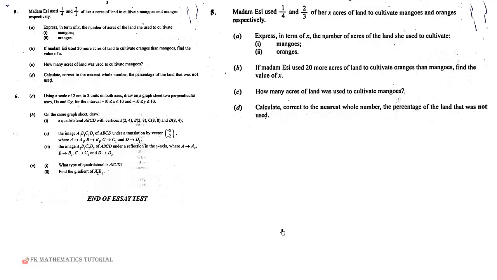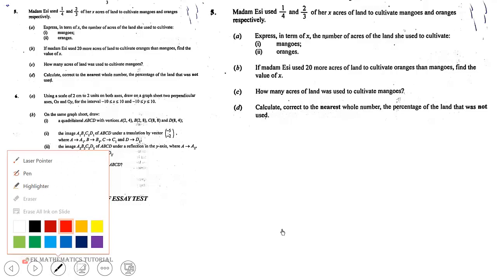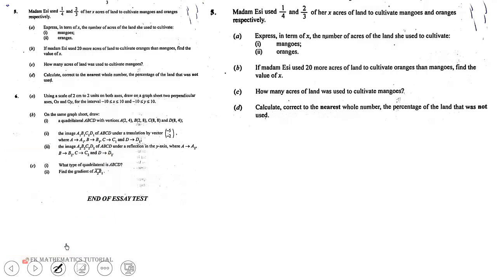So let's begin with the first one, A I. The number of acres of land she used to cultivate mangoes is equal to 1/4 of x acres.